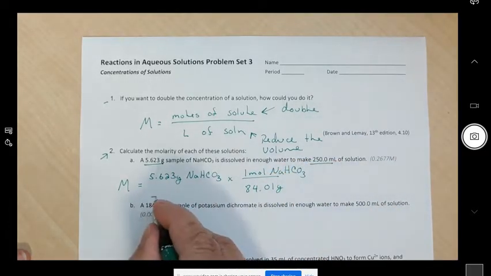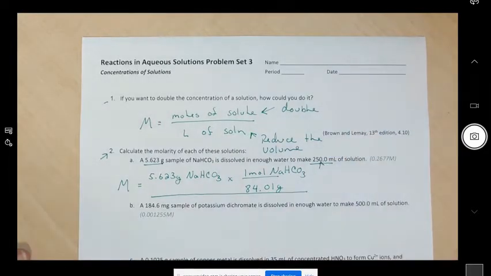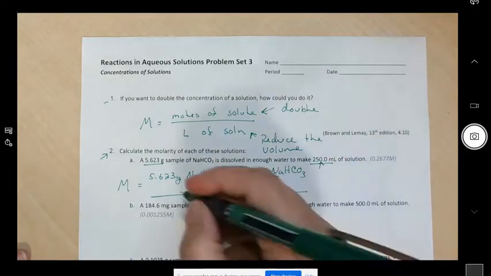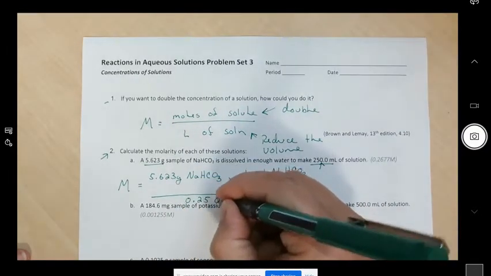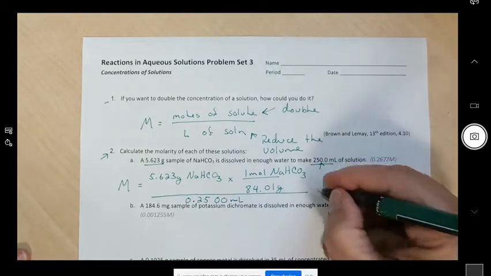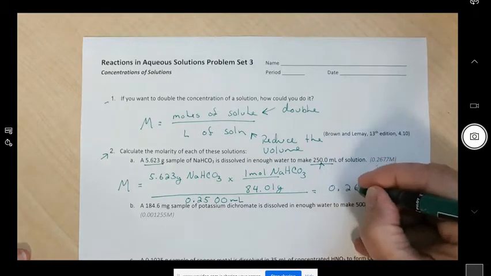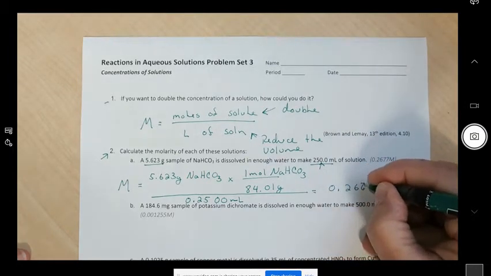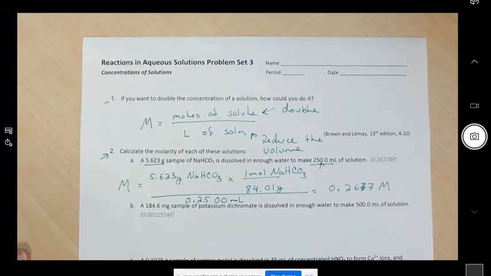And this is all in a volume of 250 milliliters, which comes out to be 0.2500 liters. Now, every measurement that I have there has 4 significant digits, so I'm going to leave my answer as 0.2677. And the unit on that is capital M for molarity.